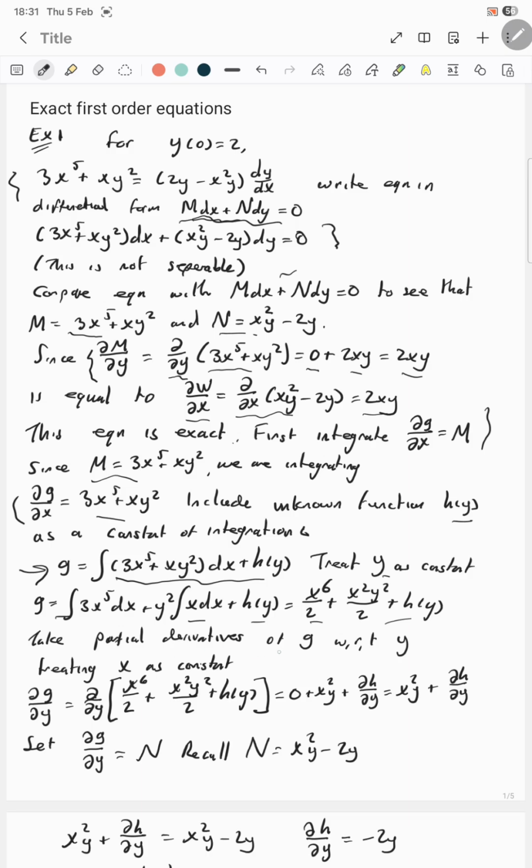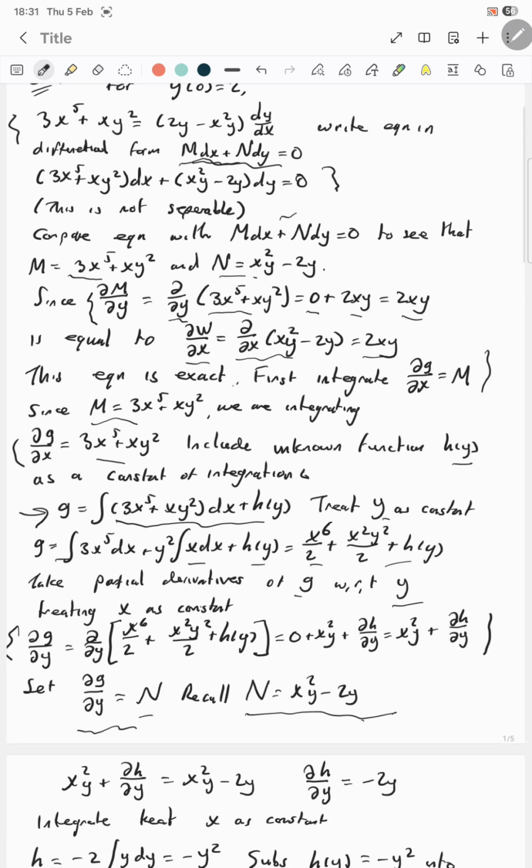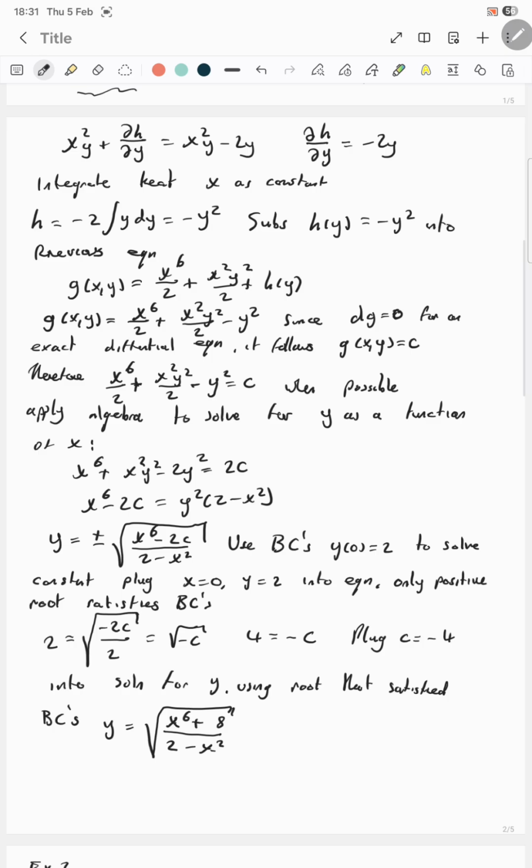Now we take the partial derivative of g with respect to y this time, treating x as constant, so we get this here. Now we set dg by dy equals N, and recall that N is this as from above. Now x squared y plus dh by dy equals this, where dh by dy is minus 2y.